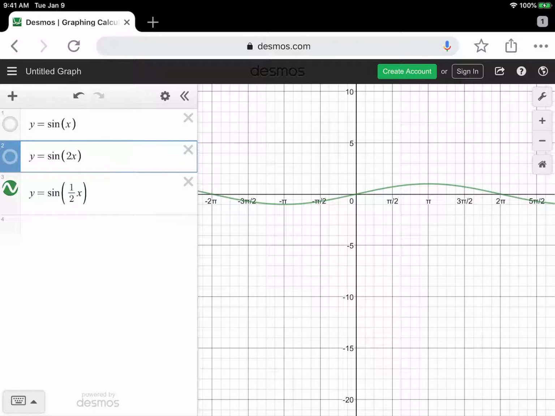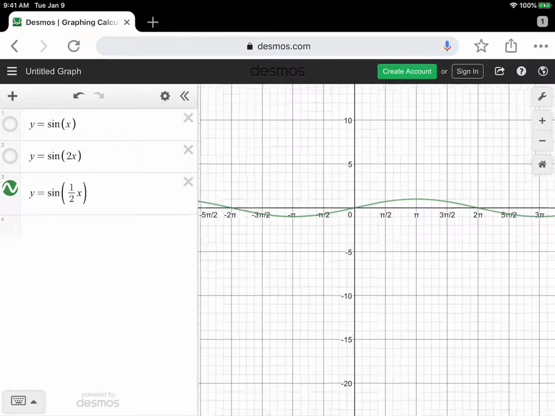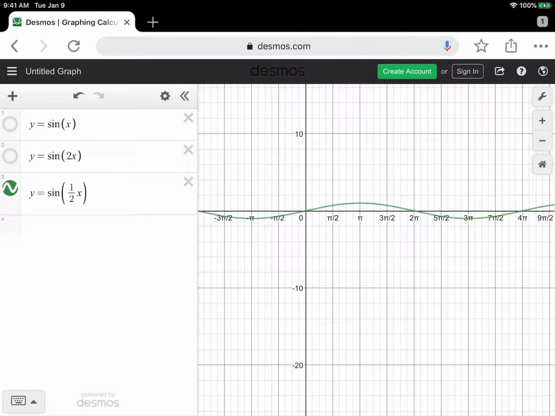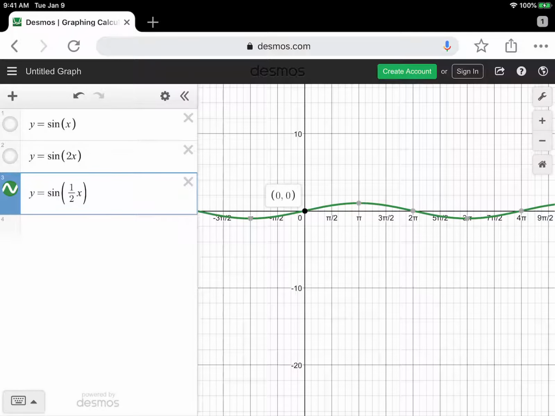Where this one starts here at 0, 0, we have a high point, and it doesn't even look like I'm seeing everything, so I'm going to zoom out. So we have a midline, high point, midline, low point, midline. Then it's going to start repeating itself. Let me take away these. From 0, 0 to 4 pi, 0, that length is 4 pi.